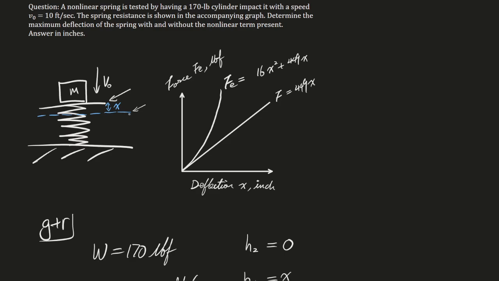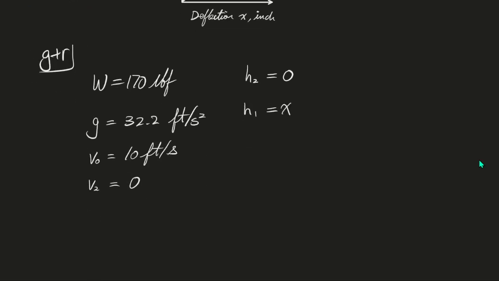So if I define the maximum deflection point as my datum, then technically my H1 would just have a positive X. Okay. Now we have our given and required. We want to find X basically. So what is X in inches?